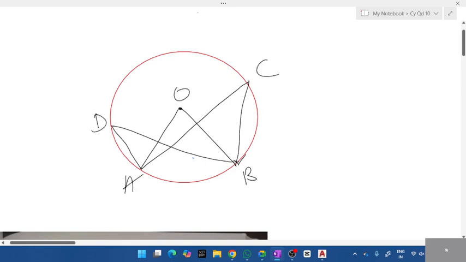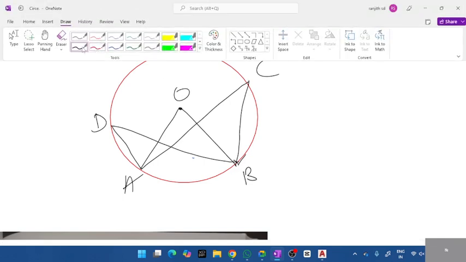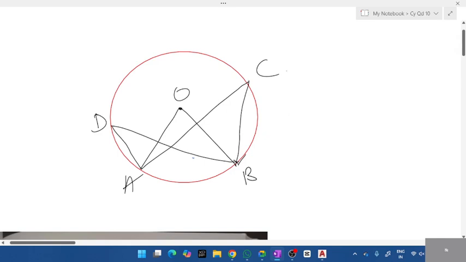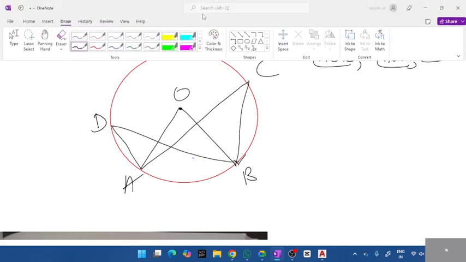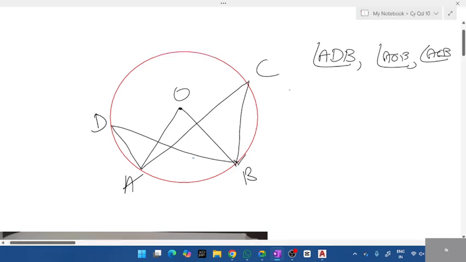Okay, tell me all the triangles formed, students. What are the different triangles formed? Triangle ADB is one. Next, AOB and triangle ACB. We have 3 triangles. Okay, these 3 triangles. Tell me which is segment and which is sector.